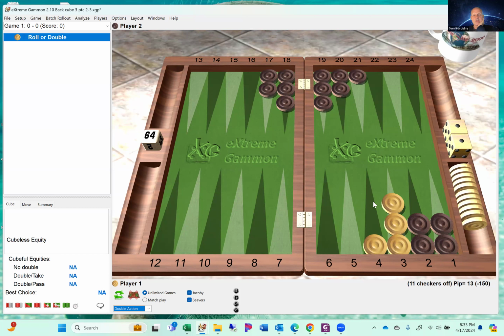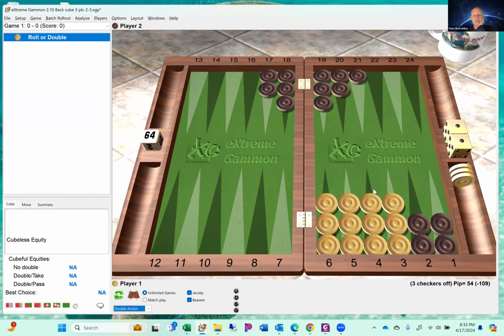Similarly, here, not only do we have more points to clear, which is a little bit more difficult, we don't have any checkers off, and we're going to have fewer checkers off if we haven't gotten to the point where they've cleared them.